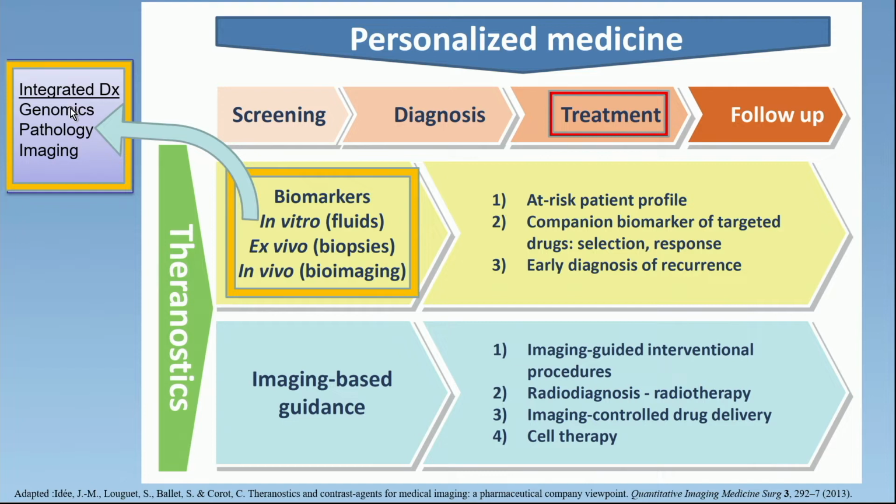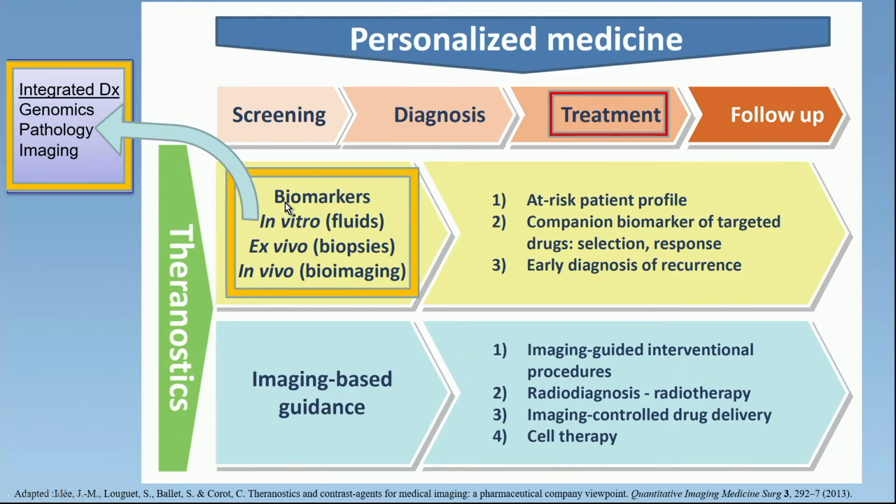To get that diagnostic component, to personalize it, you really have to combine data from 3 sources. Genomics, which really helps with your pre-test probability, which we all know is critically important in any kind of screening protocol. Imaging and pathology, okay? That way you can really get at all the biomarker information that you need to optimize your personalized medicine.